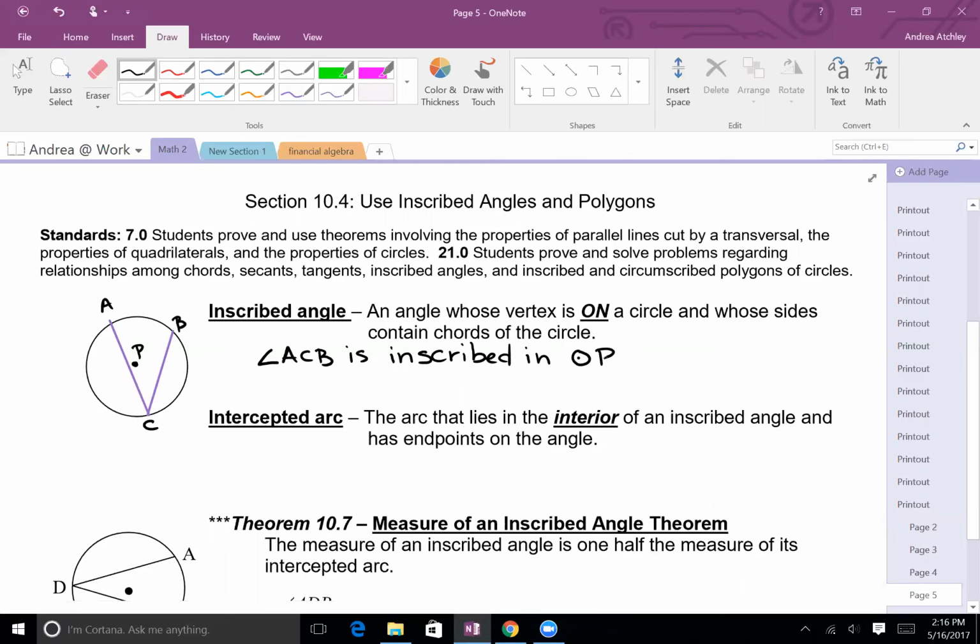Okay, an intercepted arc is the arc that lies in the interior of the inscribed angle and has endpoints on the angle. So this would be AB. Arc AB is the intercepted arc of angle A. You notice the arc AB will contain the last two letters of your angle.